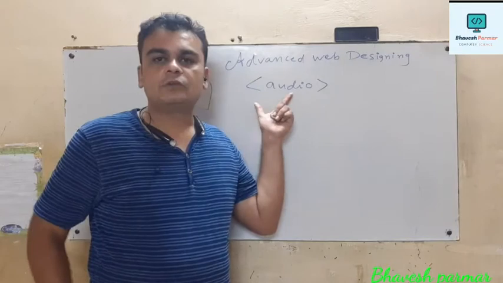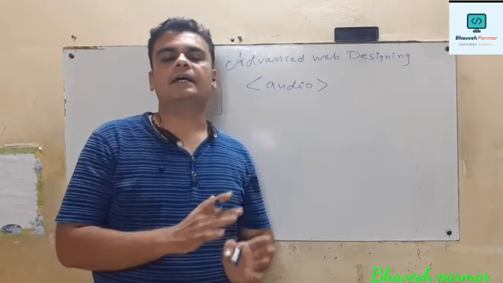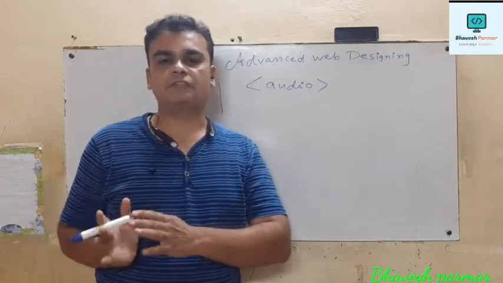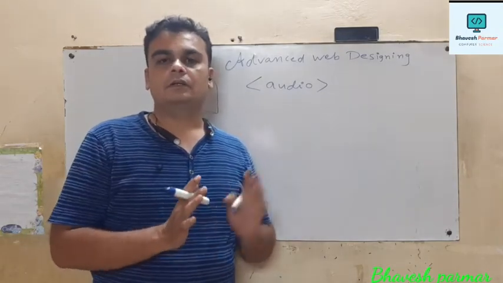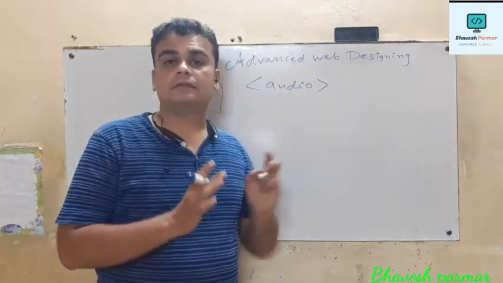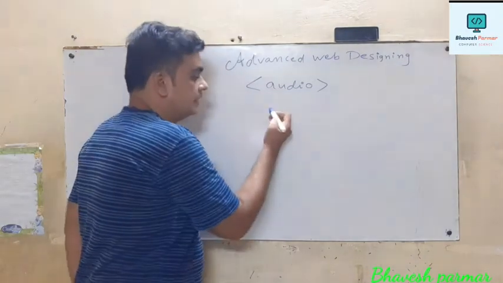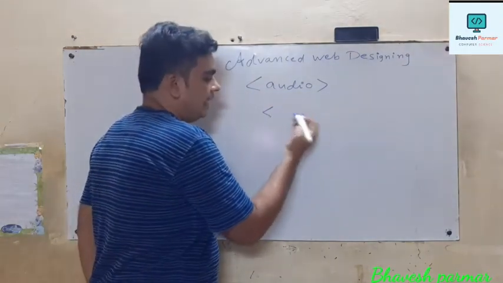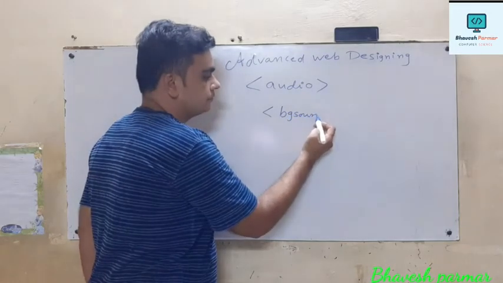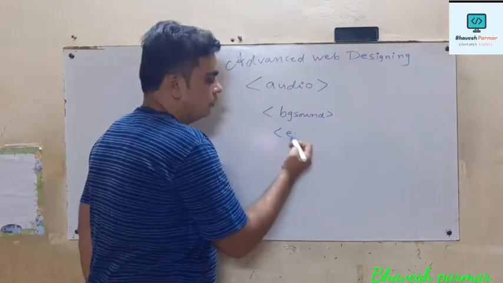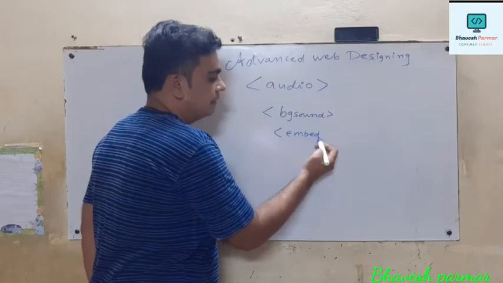So generally this audio tag is specially supported by HTML version 5, and in previous sessions we have discussed audio related tags, and mostly HTML4 and its previous versions support the BG sound tag, and we have also studied the embed tag.